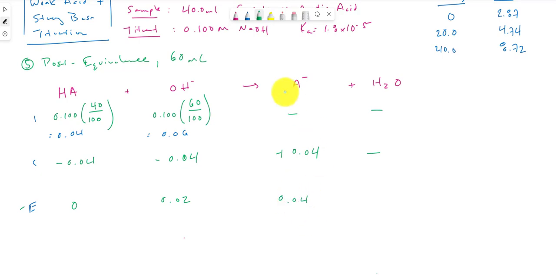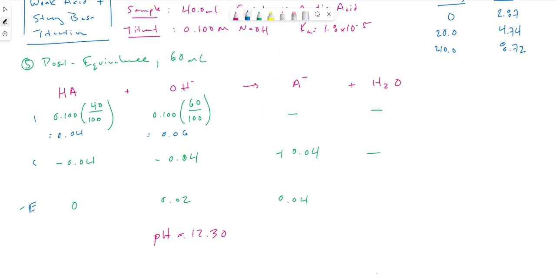That's true, but it turns out that because Kb is so small, it's very, very negligible. And so the dominant contributor to the pH of the system, anytime you're past the equivalence point, is going to be whatever the excess strong base is. So in this case, we can just figure out what the pOH is and then use that to convert to pH, which in this case is 12.30.